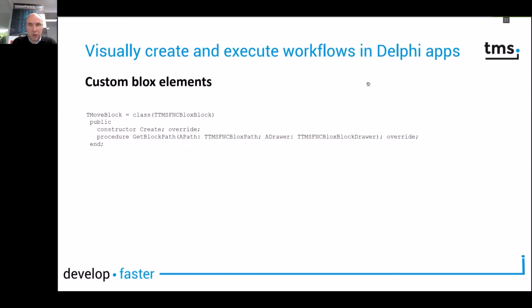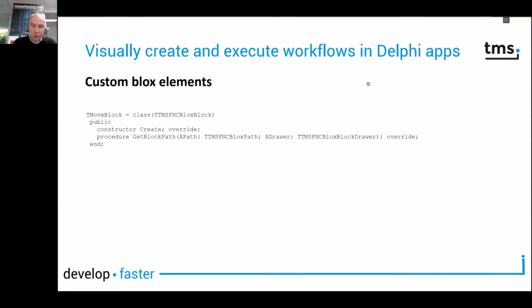One possible way to do that is to create a class that descends from a blocks block and basically override 2 methods, the constructor and the get block path. The get block path method is an override where you can specify the path that needs to be drawn for this block.